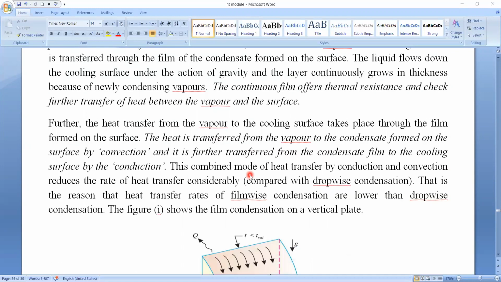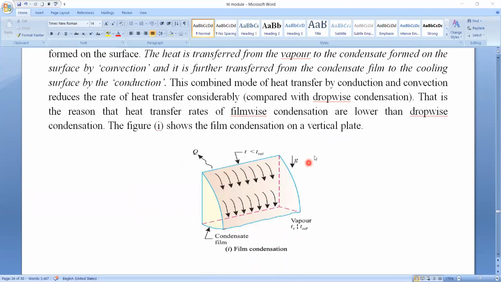Now as the film is formed over the surface of this wall, this film acts as a barrier for further heat flow. So it offers some thermal resistance, because we know the thermal conductivity of liquid is less than that of solid.